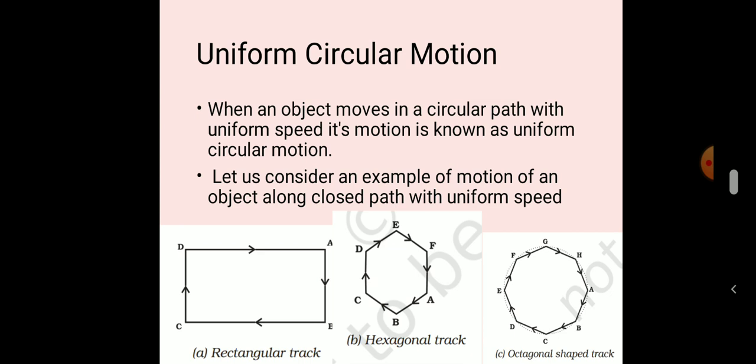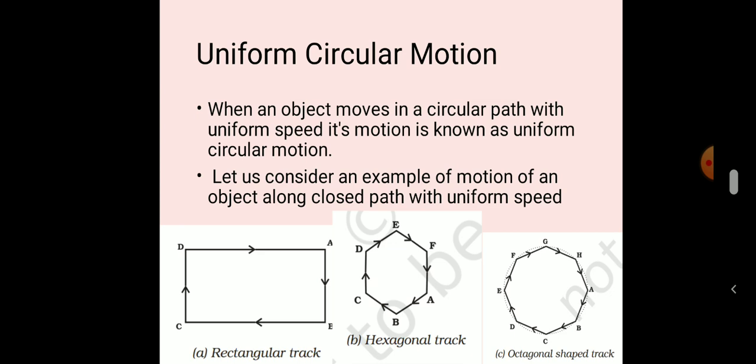What if the track was not a hexagon but a regular octagon? So, with this, the athlete needs to change his direction 8 times, right?